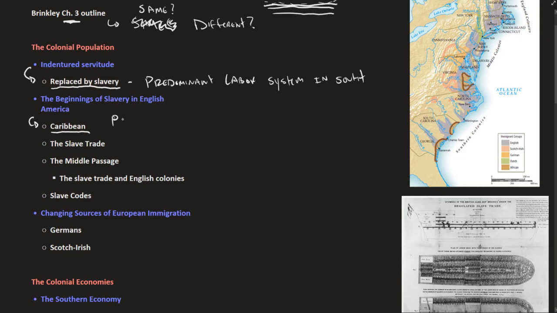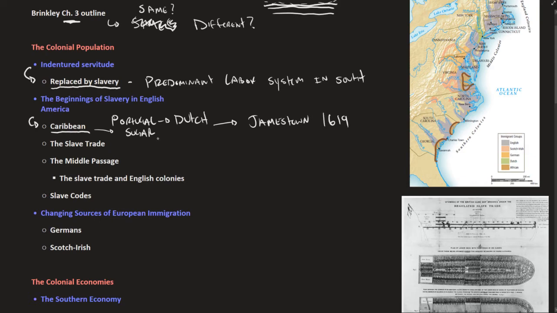Recall that Portugal, then the Dutch, brought the first African slaves to the New World. Most of them went to the Caribbean to grow sugar. The very first African slaves to arrive in the English colonies came from the Caribbean, from sugar plantations, to Jamestown in 1619.